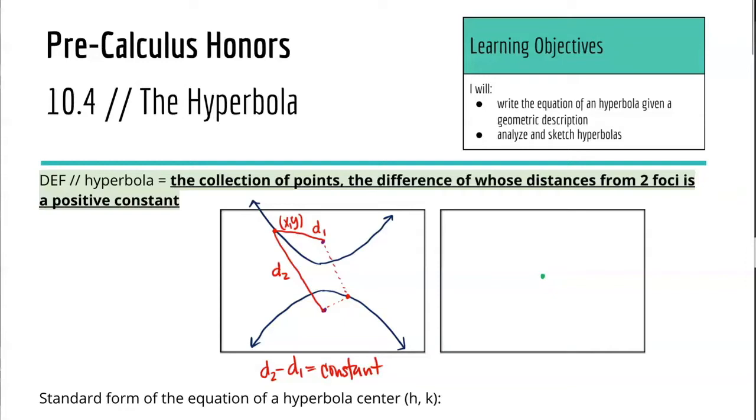So what we do is we take the a distance, and we'll talk about how to determine whether it's a vertical or a horizontal hyperbola. This one I'm going to just sketch as a vertical hyperbola. So the a distance would move in a vertical direction, and the distance between those two a values is going to give us what's called the transverse axis.